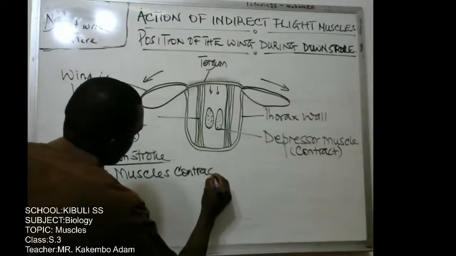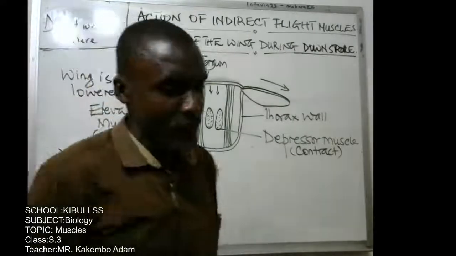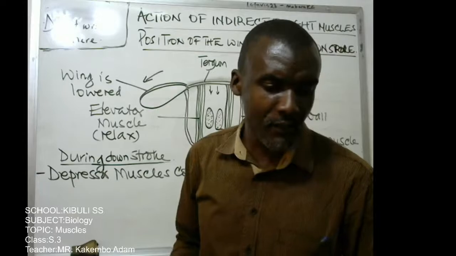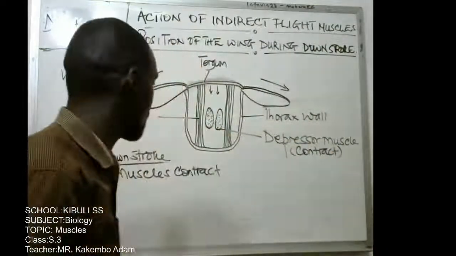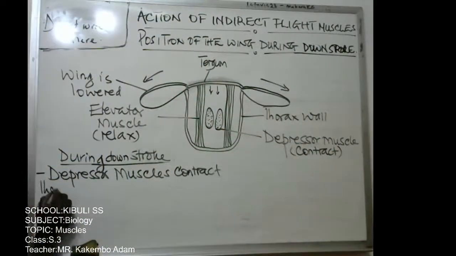So what is the effect of the depressor muscles becoming contracted? When they contract, they pull in a horizontal direction.